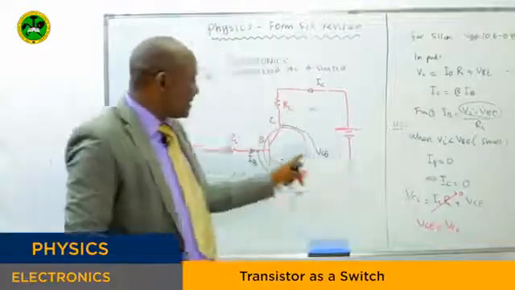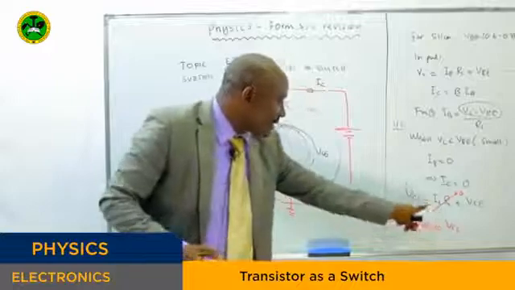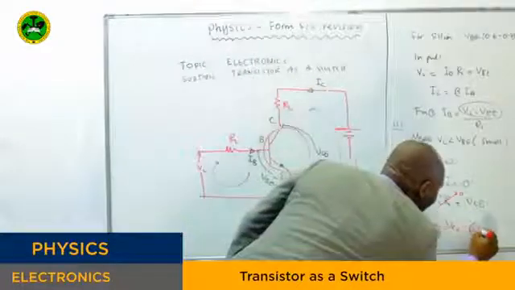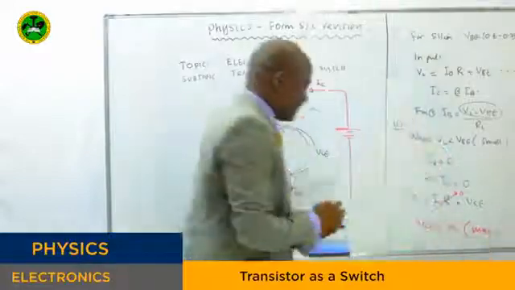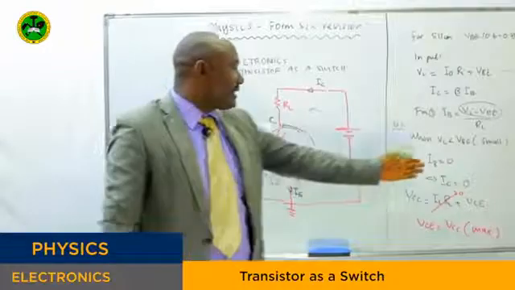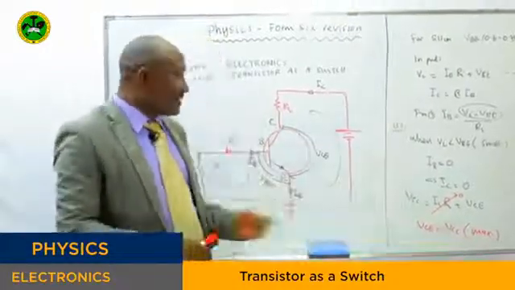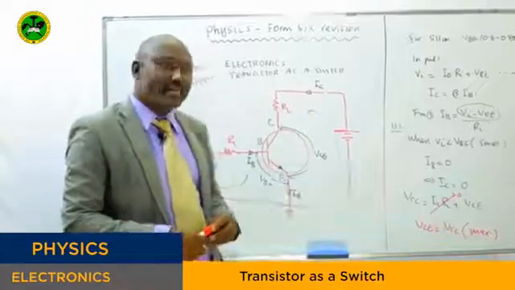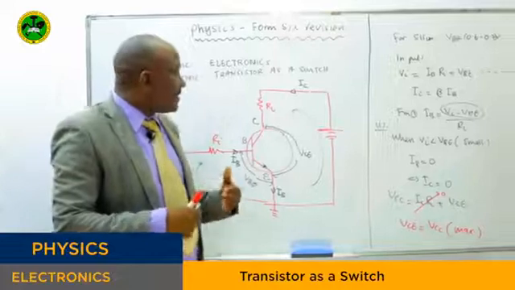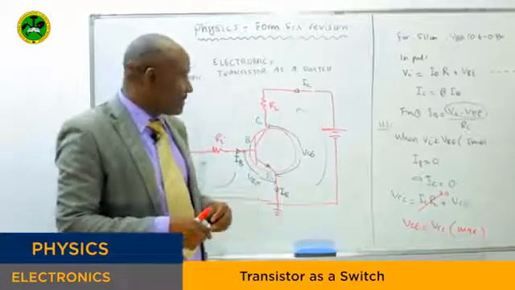That means VCE is approaching the supply voltage. If we don't have base current, automatically we don't have collector current, so the transistor is behaving as an open switch.